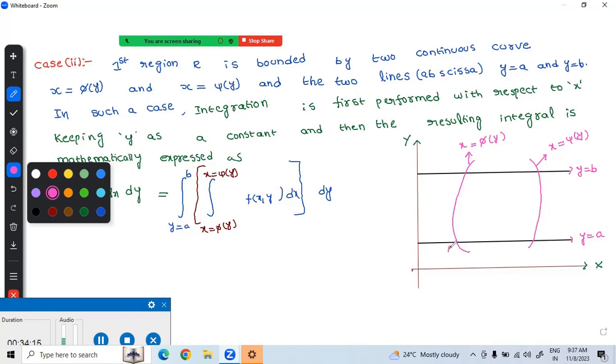So one rectangular region, ABCD, is found.